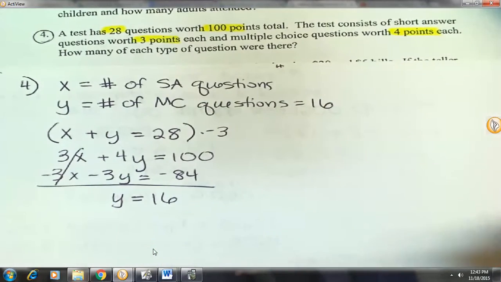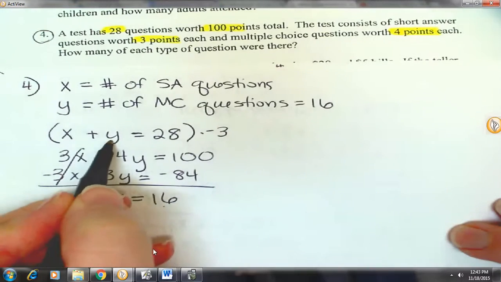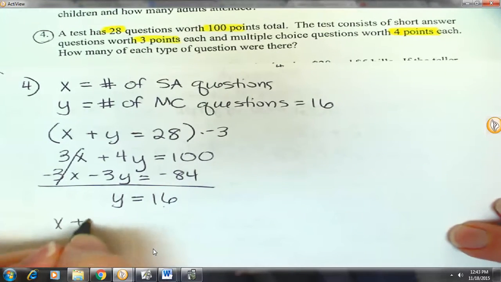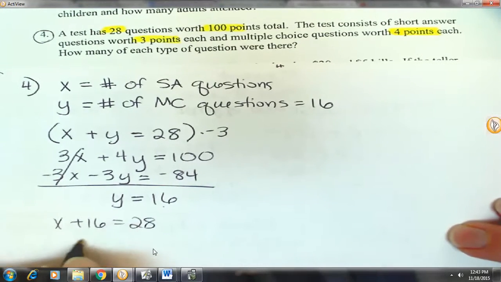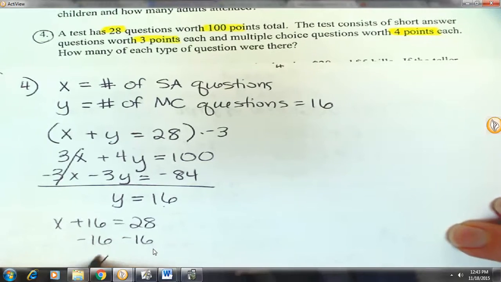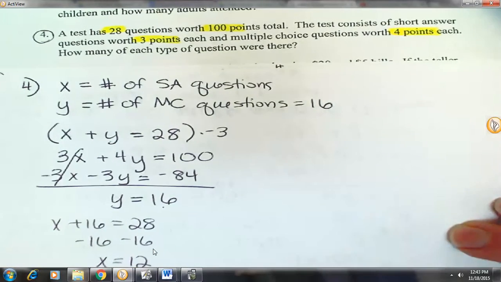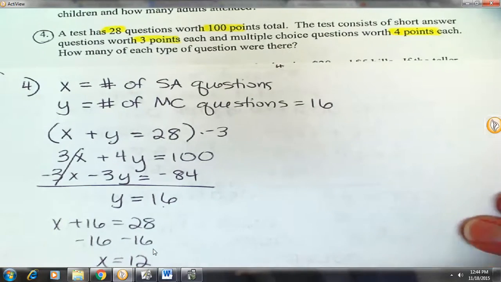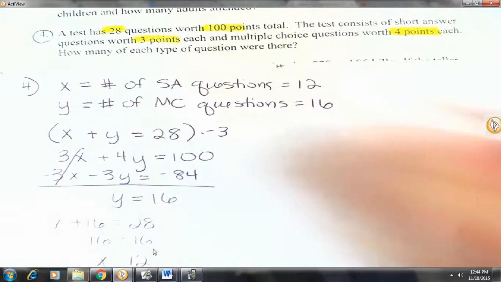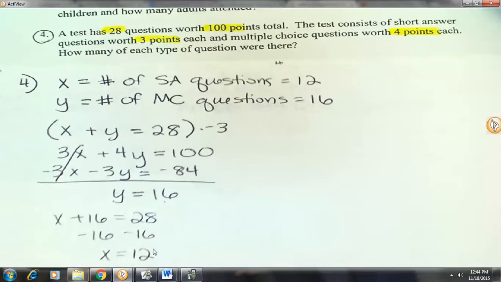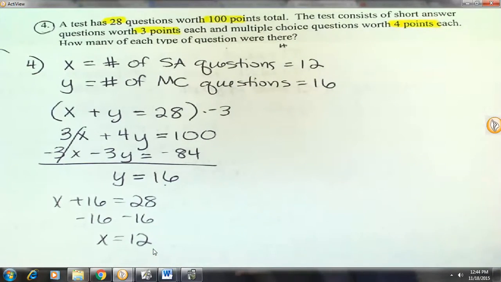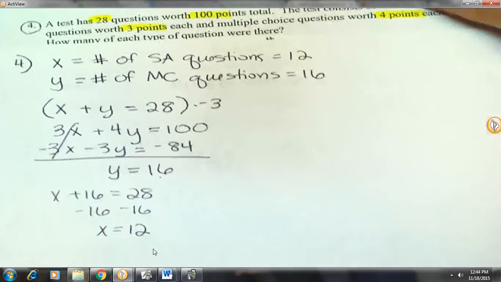Let's find the number of short answer. Put 16 back in for y. There were 12 short answer questions. So let's answer our question. How many of each type of question were there?